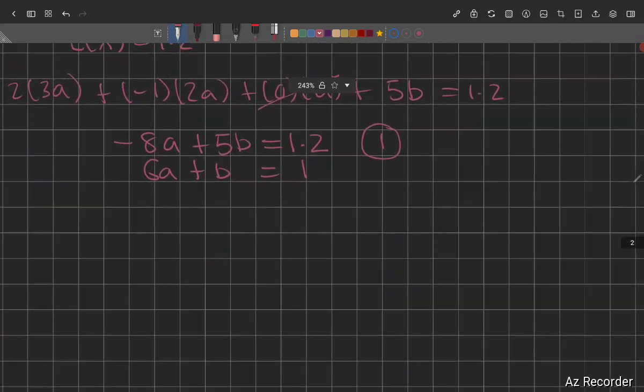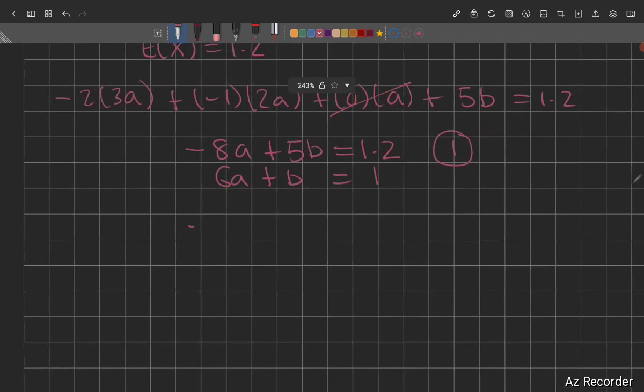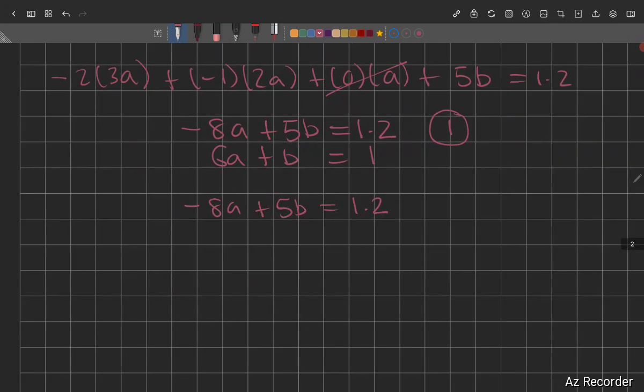To solve simultaneously: -8a + 5b = 1.2 and 6a + b = 1. We multiply the bottom equation by 5 to get the values of b the same, so we can cancel them. So 30a + 5b = 5.